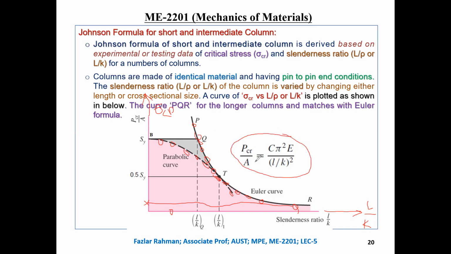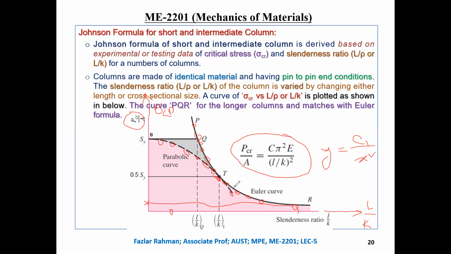What is the Johnson Euler equation? If I say P critical equals Y, along the Y axis we put P critical. And if C is constant, pi square constant, E constant, that means if I say C1 divided by (L by K) square, where (L by K) square means this is X square, so this is parabolic.